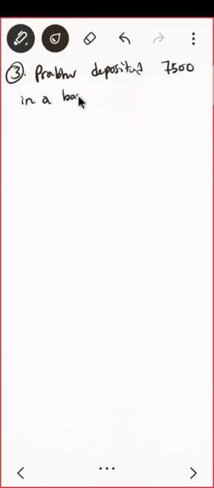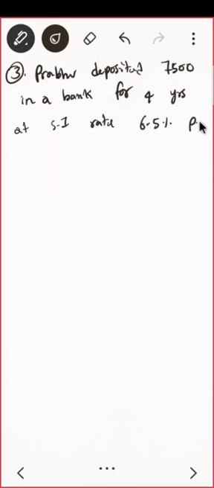Say Prabhu deposited 7500 in a bank for 4 years at simple interest rate 6.5% per annum.